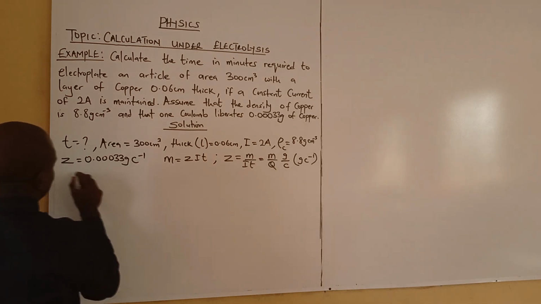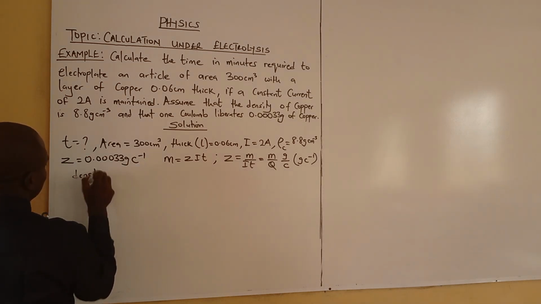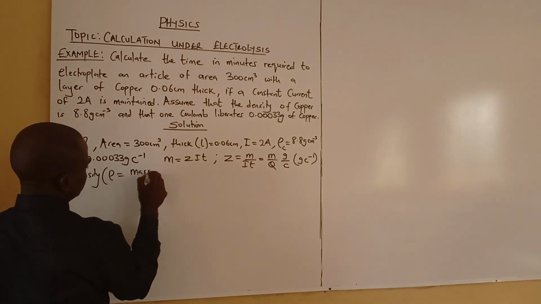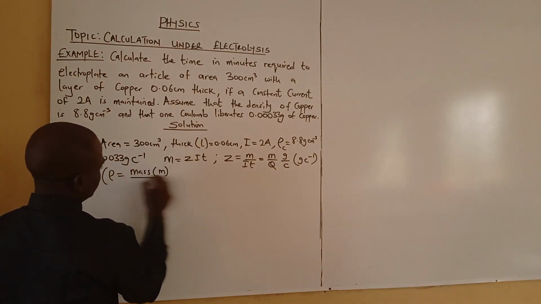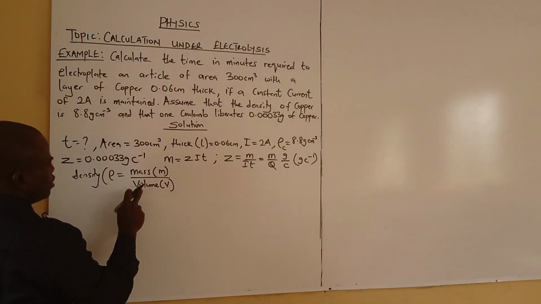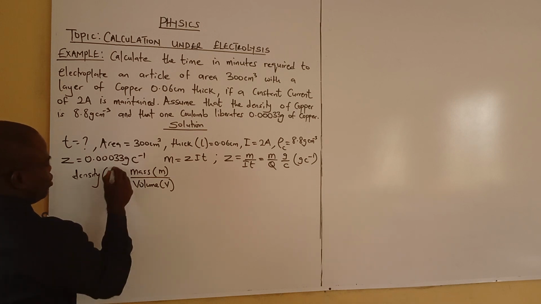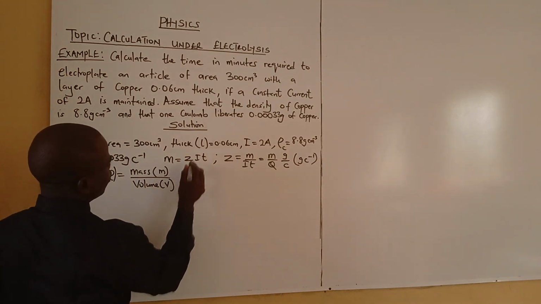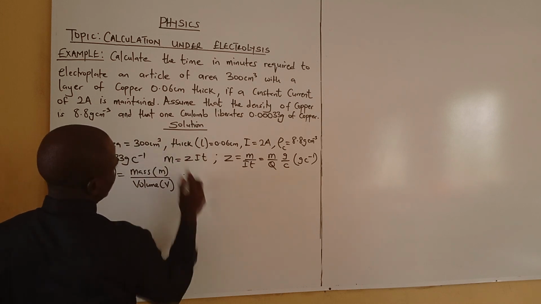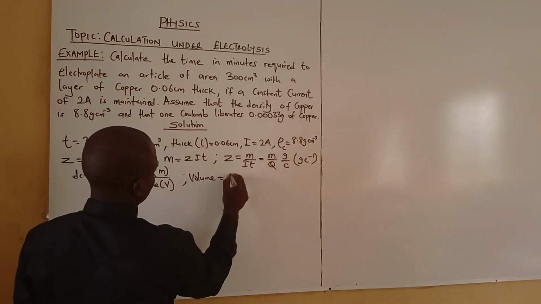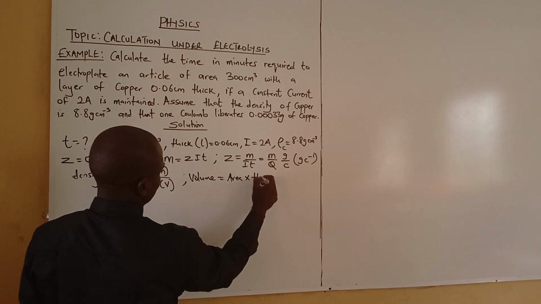Don't forget that density rho equals mass M over volume V. We don't have mass, we don't have volume, but we have density. Now let's look for our volume. You can get our volume from the area and the length: volume equals area times thickness.